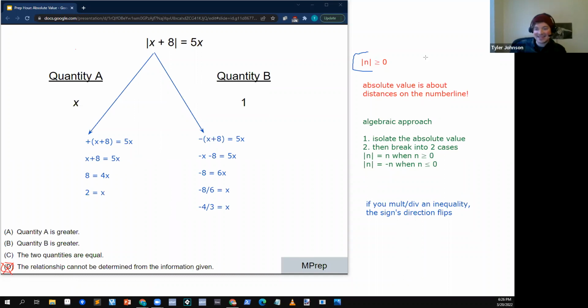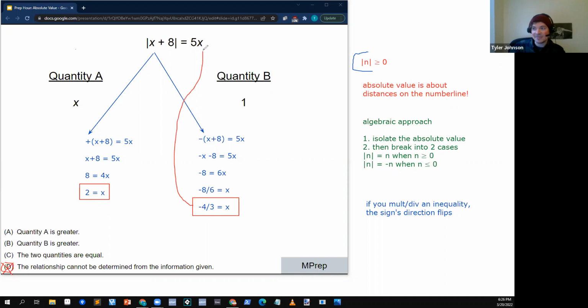Why is that? Why is D a trap? Think about that for a second. So look at these results we got. X is either 2 or X is this negative number.